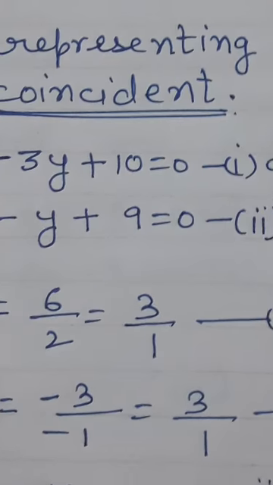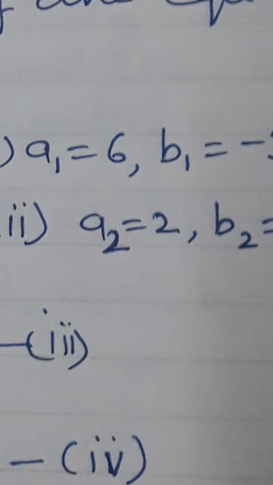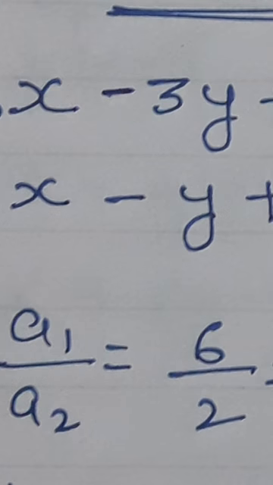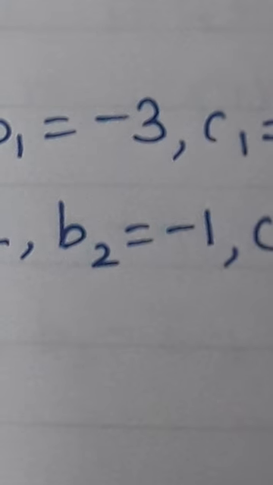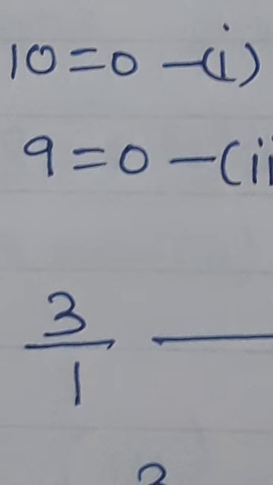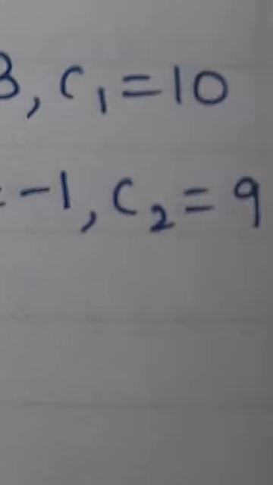After this, we are coming on the second equation. Coefficient of x is 2. So, a2 will be 2. Then, coefficient of y is minus 1. Along with the sign, we have to take the coefficient. So, b2 will be minus 1. And the constant term present in the second equation is plus 9. So, c2 will be 9.